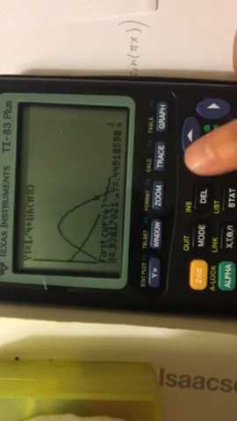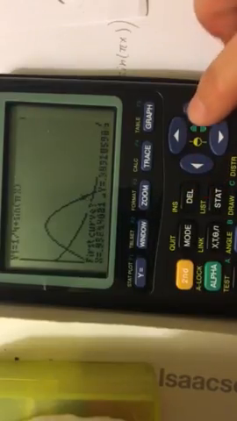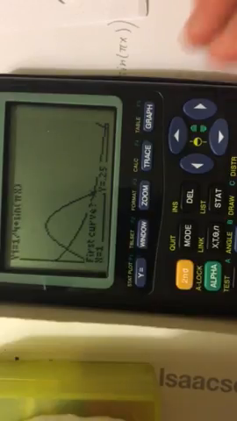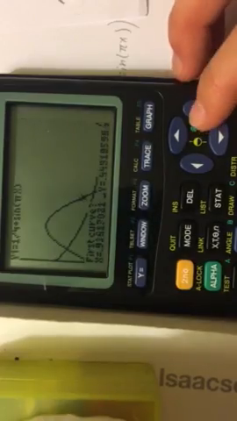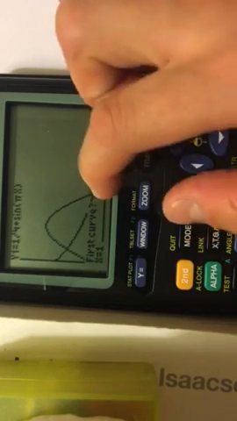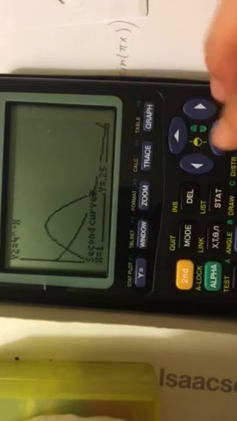You can only use the left and right keys to find a point, to trace the point on the graph, right? And then it's around here, right? To find that intersect point, and then you hit enter, and then it asks for a second curve.